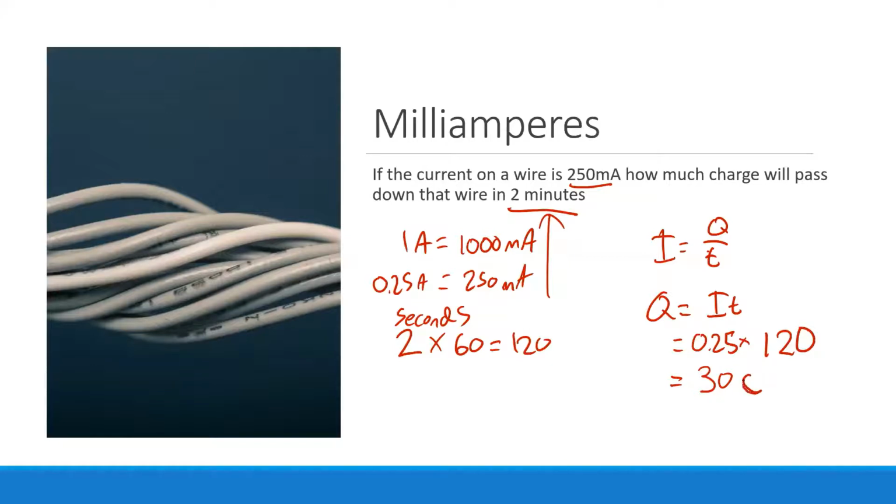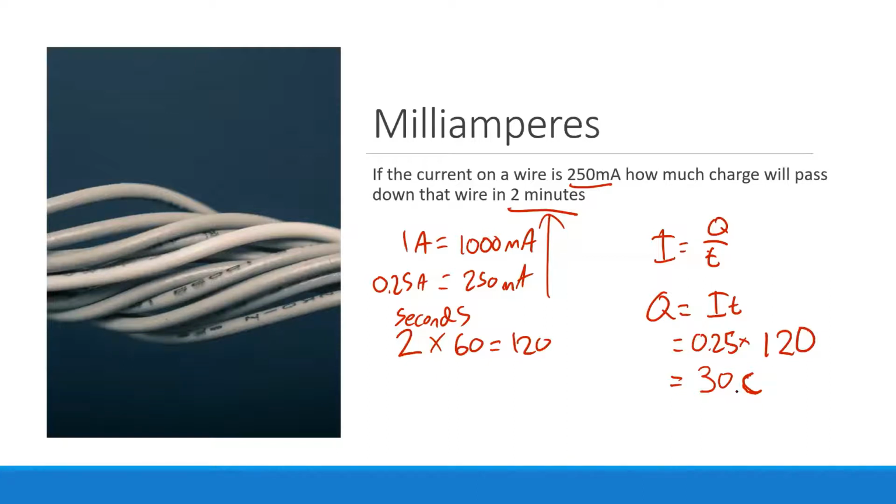30 coulombs of charge. So just quickly, so that we can see what this means. When you have a current in milliamps, you've got to divide that by 1,000 if you want to use it in a formula like this.